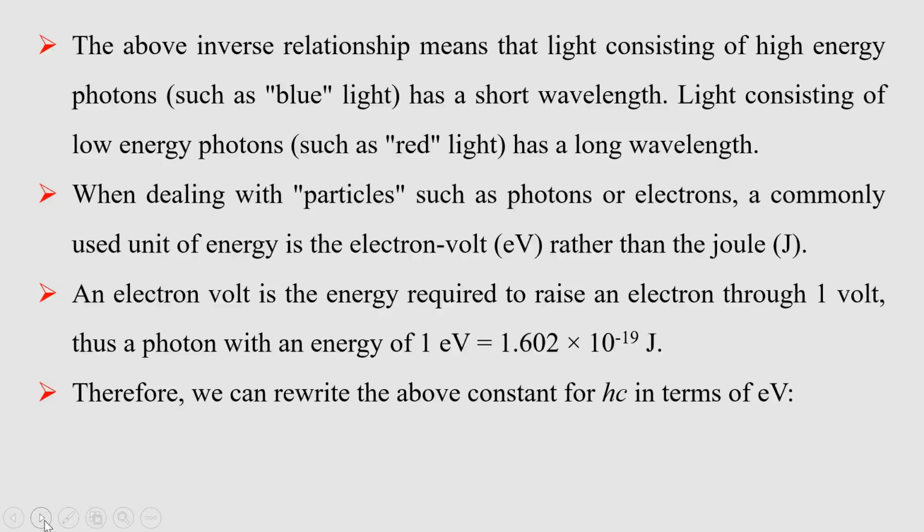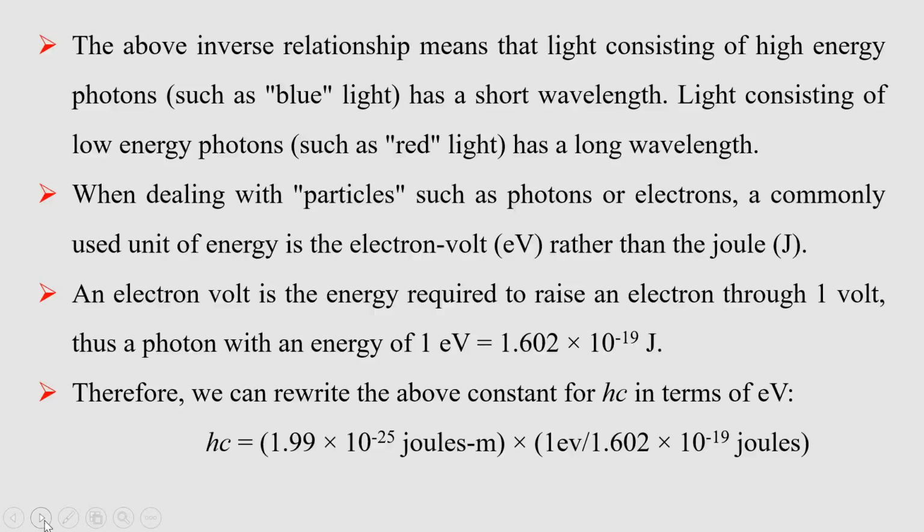In the previous slide, I calculated the hc value, and we now rewrite it in electron volt. hc is equal to 1.99 into 10 raised to minus 25 joule meter, into 1 electron volt upon 1.602 into 10 raised to minus 19 joules, which is equal to 1.24 into 10 raised to minus 6 electron volt meter. This is the hc value in terms of electron volt.